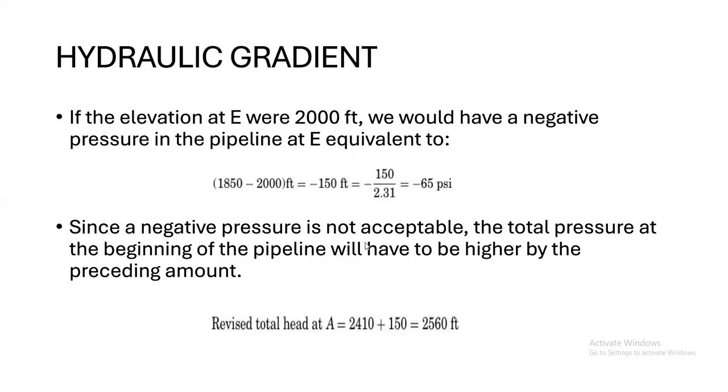Since a negative pressure is not acceptable, the total pressure at the beginning of the pipeline will have to be higher by the preceding amount. So we need to add that 65 psi, which is 150 feet, right? We add it back so that you lift it up.